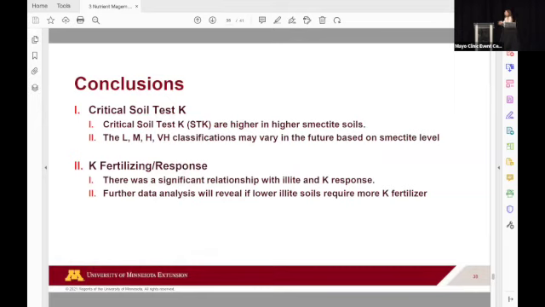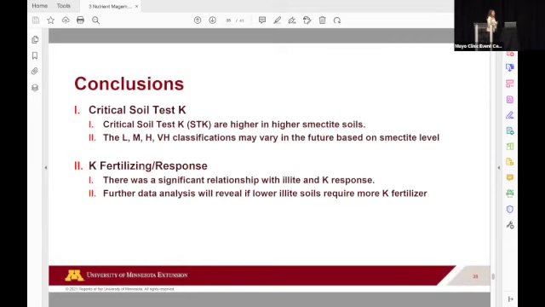So that's what I have to present to you today. We are still working on this. Like I said, we're going to have updates coming out soon, hopefully with mineralogy considered and sands considered. Critical soil test tends to be higher in higher smectite soils, and in low, medium, high, and very high classifications, something we could do in the future is vary those across the different mineral types or across clay ratios.